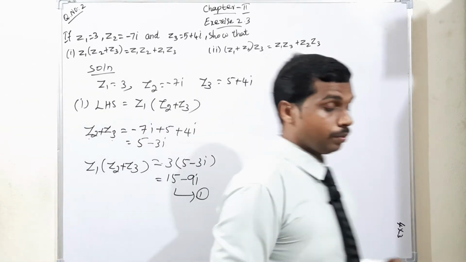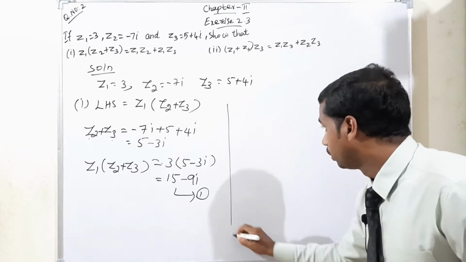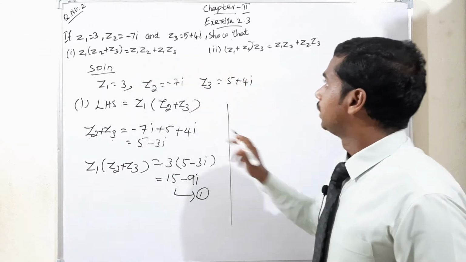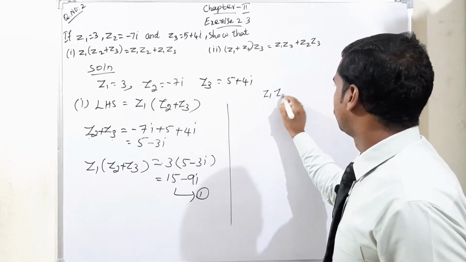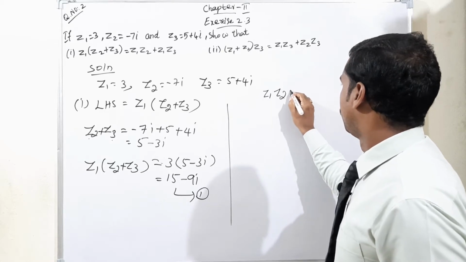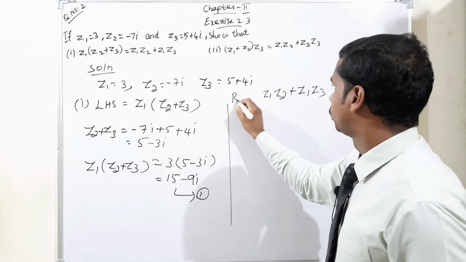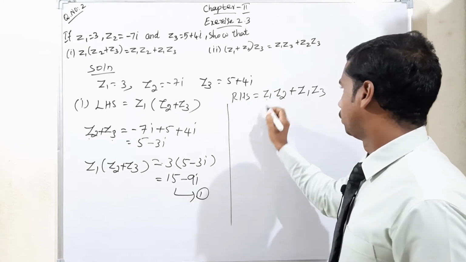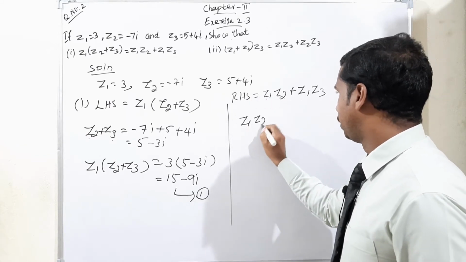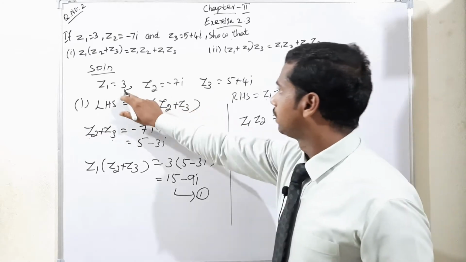Now I am moving to the RHS term. What is the RHS term actually? Z1 Z2, isn't it? So Z1 Z2 plus Z1 Z3. That is actually RHS is equal to. So first, Z1 into Z2. Z1 is equal to what is the value?